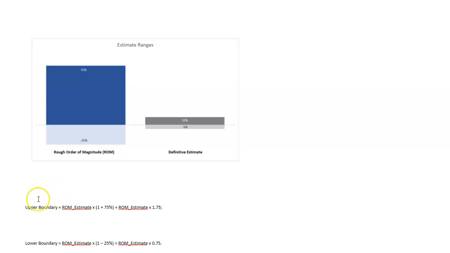So that is the kind of allowed upper boundary and lower boundary, and that's how it is most of the time calculated and considered actually. So when you go for any rough order of magnitude estimate, these are the two limits you need to consider, and keep in mind when you are taking further actions on it.